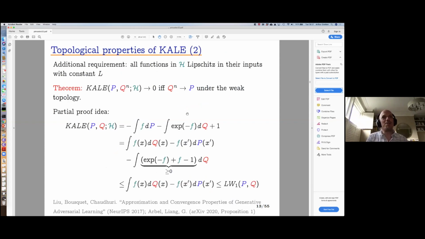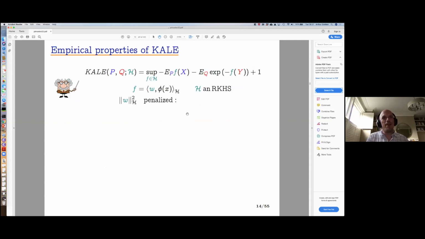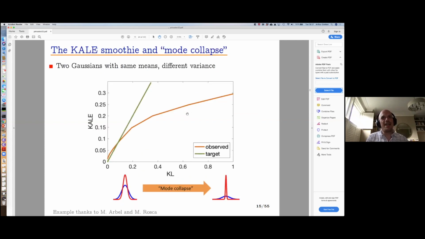We also know that if the functions in the critic class are Lipschitz, then KL metrizes weak convergence. What this tells us is that as Q approaches P, my KL is going to drop, which is good.